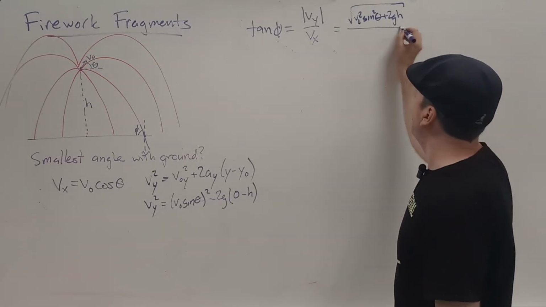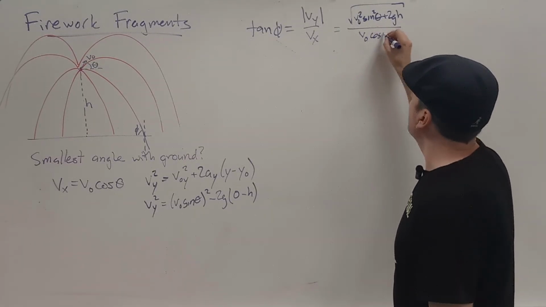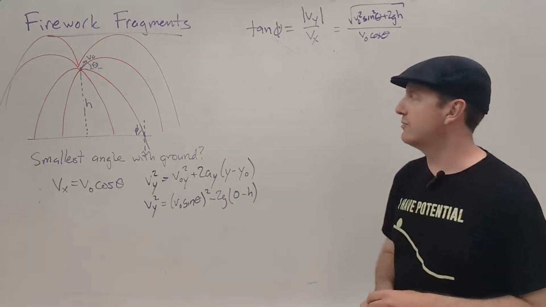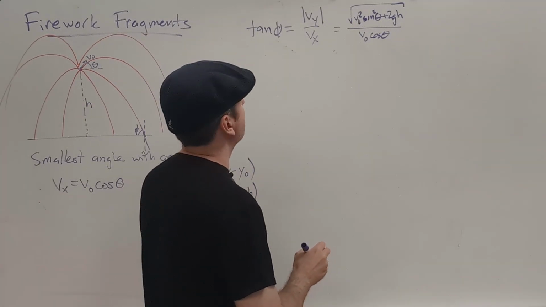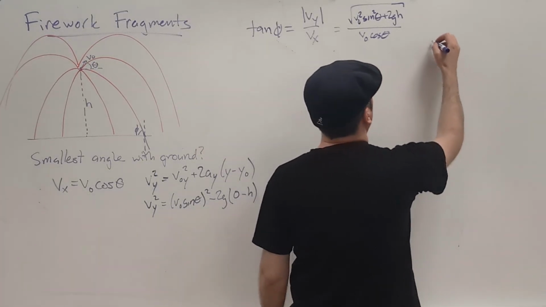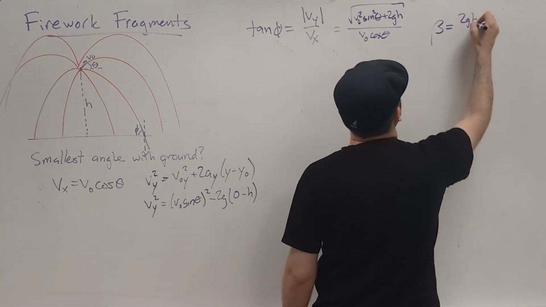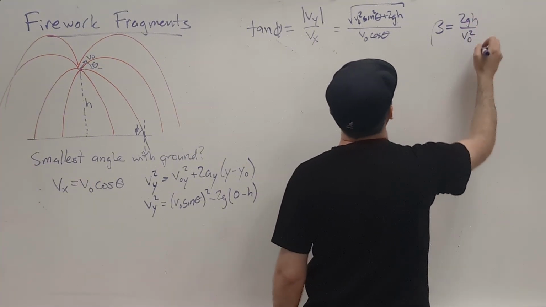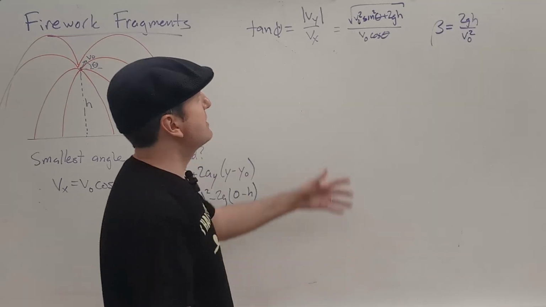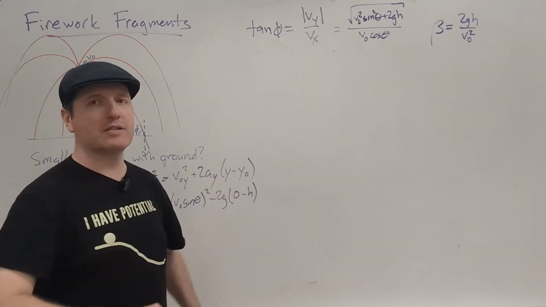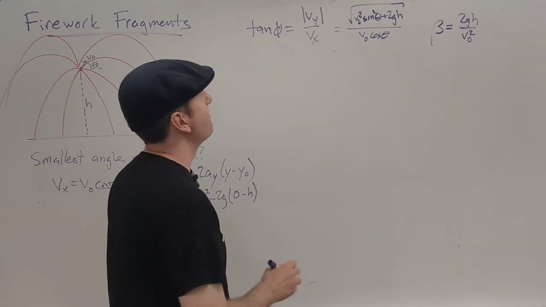And then we're going to divide by v naught cosine theta, which we got from our no acceleration in the horizontal direction. Let's simplify this a little bit. I'm going to introduce a constant called beta, which will be 2gh over v naught squared. And the reason for this is it's a dimensionless number. It's really kind of the height, at least in some sort of units that we might be interested in.